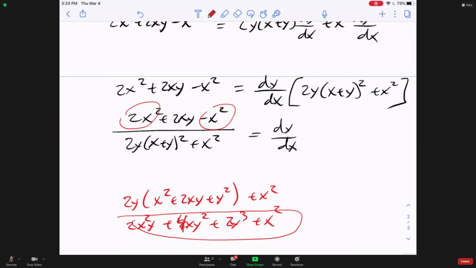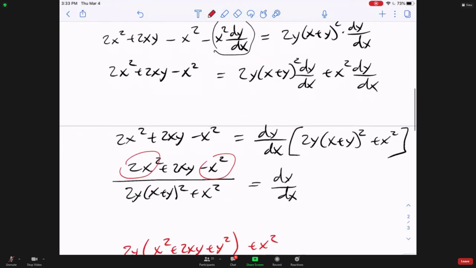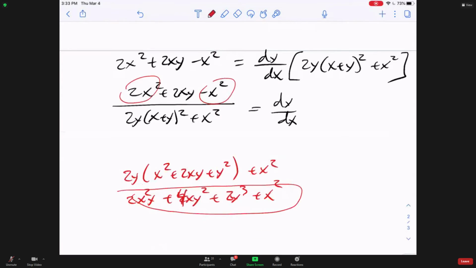Does that make sense? Does that match the first answer, Professor? If we went the other route by canceling out the denominator? Let me see here. So you get x squared. Hold on, let me. So this is 2x squared minus x squared plus 2xy over 2x squared y plus 4xy squared plus 2y cubed plus x squared, right?